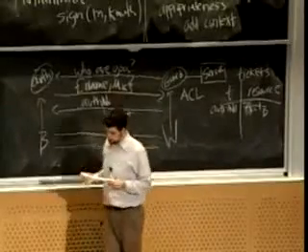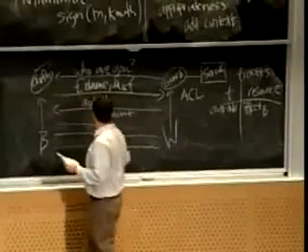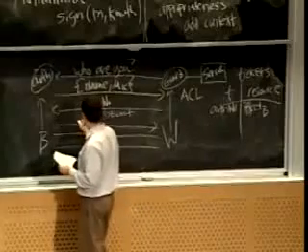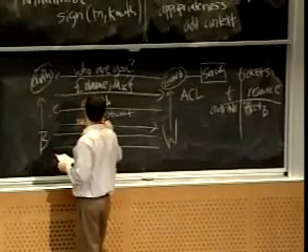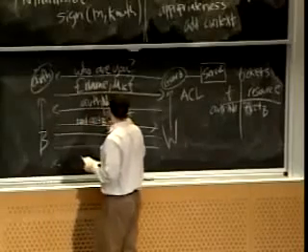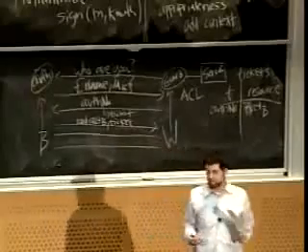Now, every time that B wants to access his account, for example, he can read account B, and he just passes the ticket. He can use this ticket over and over again to access the account for as long as the ticket is valid.